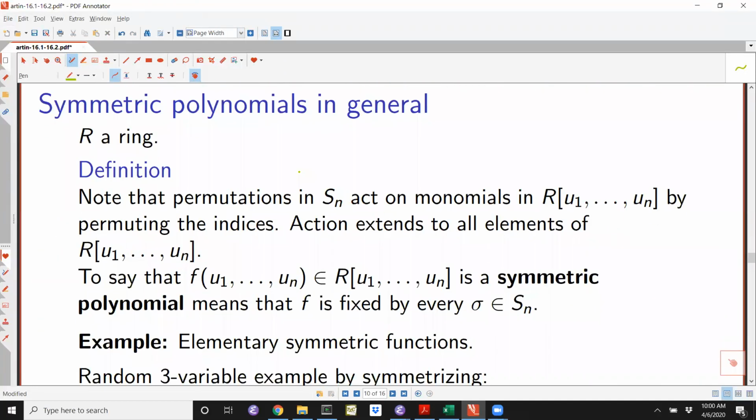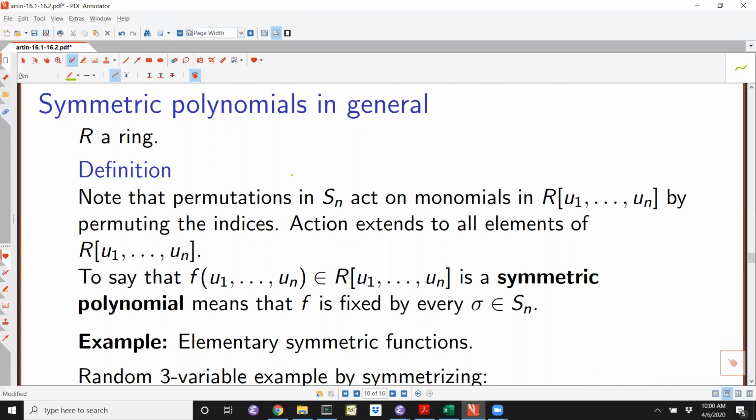And so now let's generalize that to looking at symmetric polynomials in general. Let capital R be a ring, and we note that permutations in Sn, permutations of n objects, act on the monomials of R[u1 to un] by permuting the indices, and so that action extends to all elements of R[u1 to un].